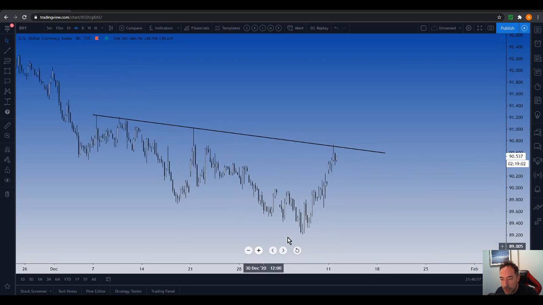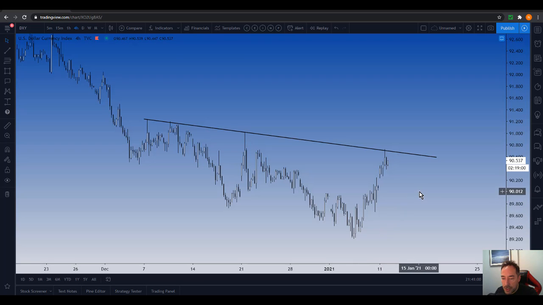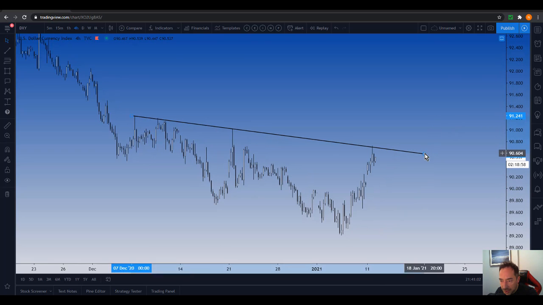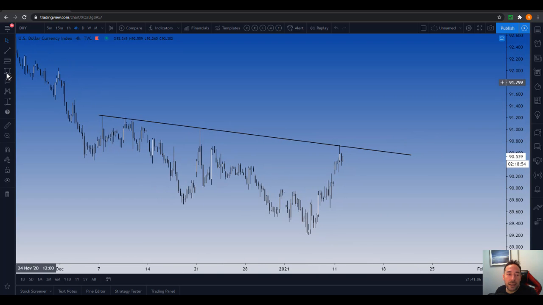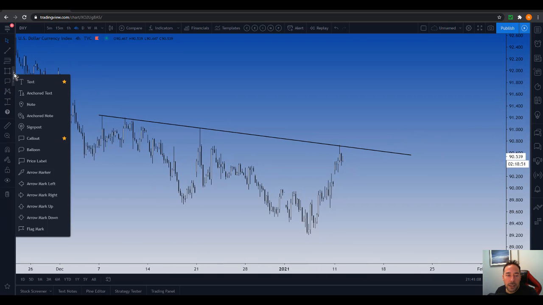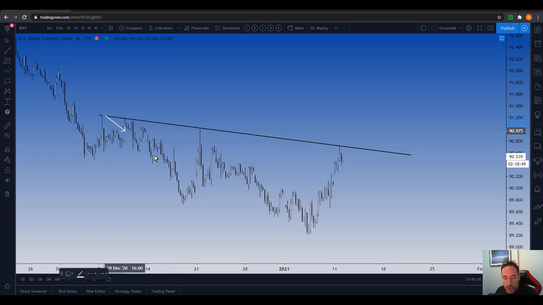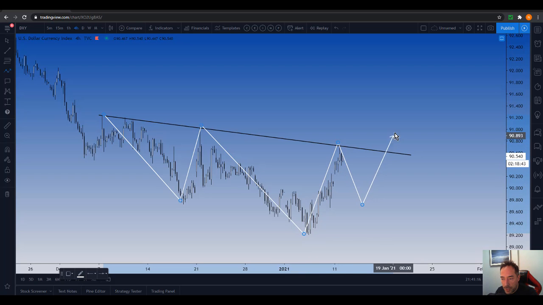Now we are coming into the end of the day, so what I could see potentially happening is some kind of inverse head and shoulders pattern. If I just show you what I mean, we could do something like that.